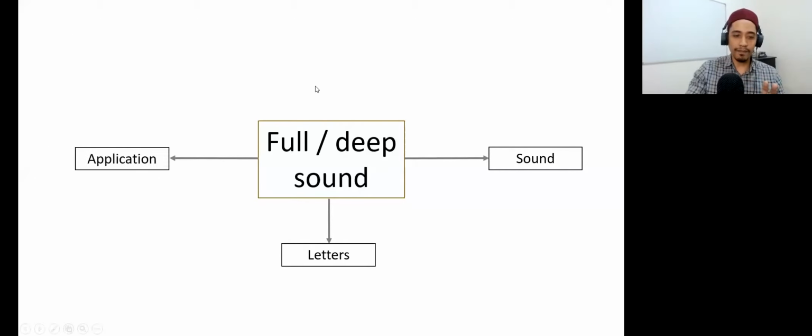And lastly, especially with this concept, we always want to mention the common mistakes that are made by readers, Arabic readers, when this concept is being applied. Okay, this is for the first one, the sound.